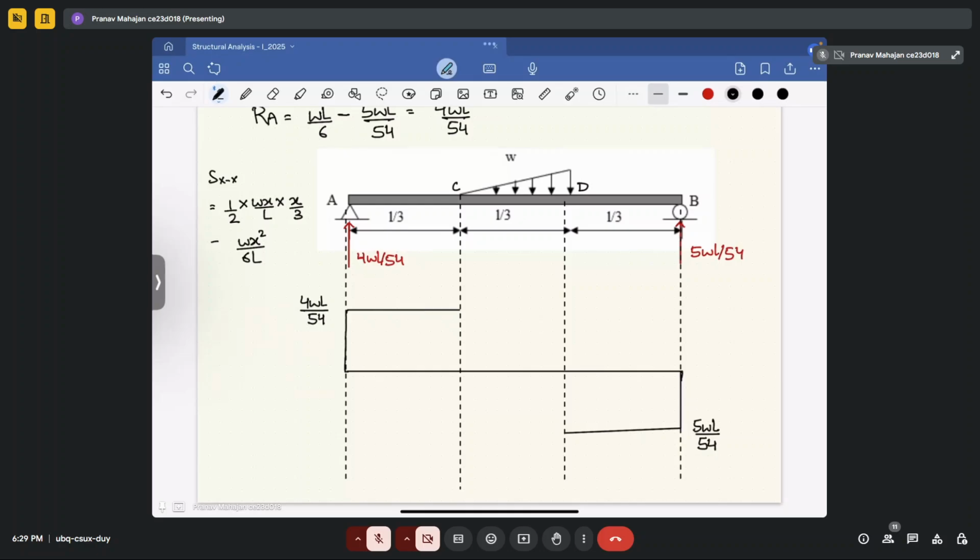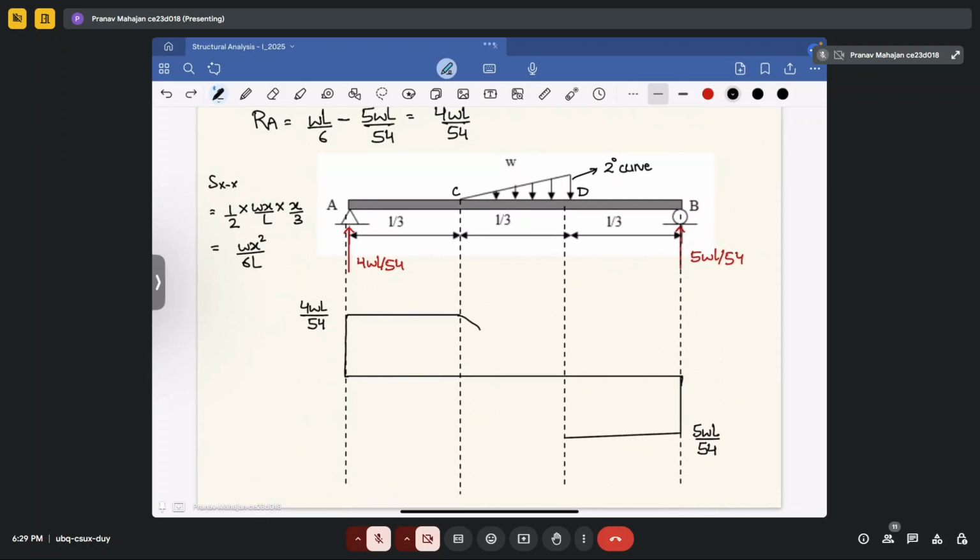So that means this area will follow a second degree curve. So in this case, this will not be linear; it will be non-linear. So this is how the shear force diagram for this case will look.